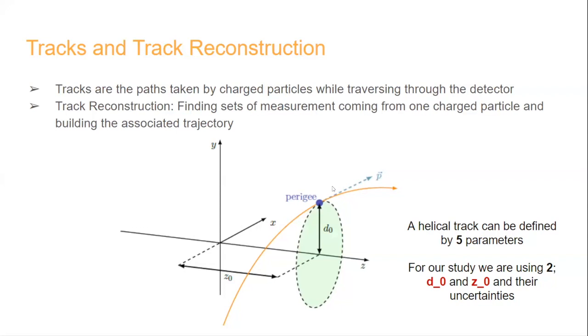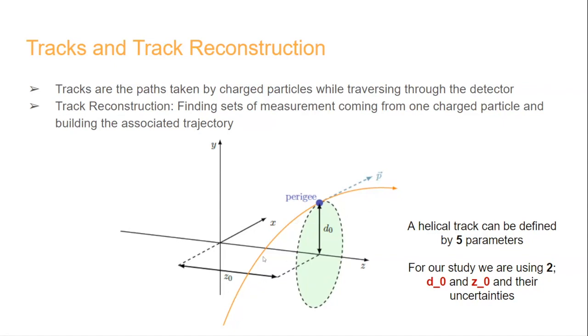So let's talk about tracks and track reconstruction. Tracks are the paths taken by charged particles while traversing the detector. Track reconstruction is finding the set of measurements coming from one charged particle and building the associated trajectories. This is a scheme of the point of closest approach to the z-axis for a trajectory.